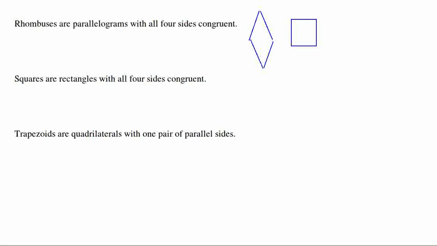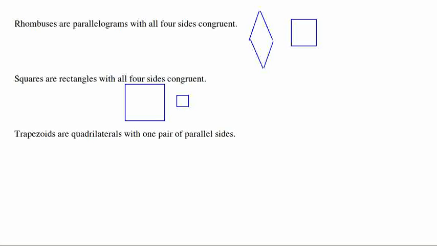And then squares. Squares are rectangles with all four sides congruent. You may recall that rectangles are parallelograms with right angles. So squares have all the properties of rectangles in addition to having all four sides the same length. So there's two examples of squares.